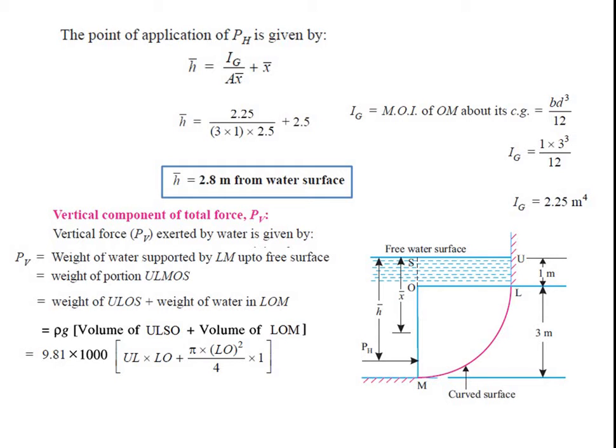So volume can be calculated as UL into OS, plus for this quarter circular portion, the volume of LOM can be given as pi r square divided by 4 into 1. And here it is OL into UL into 1.